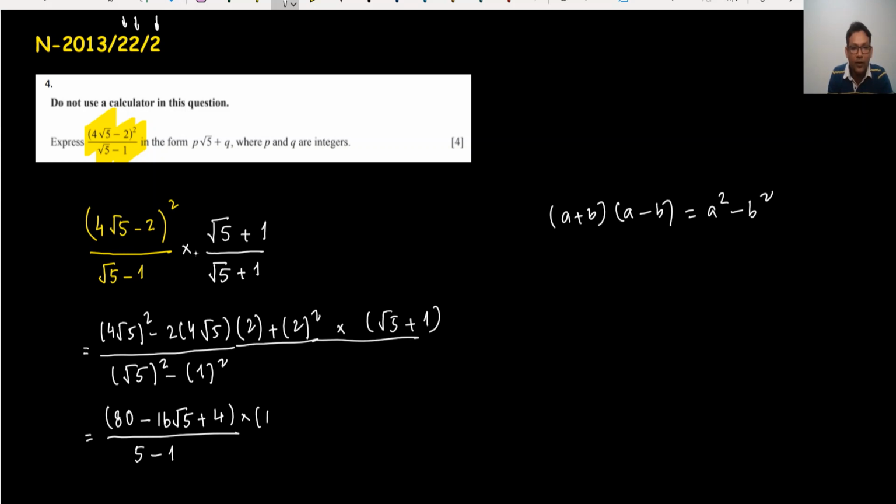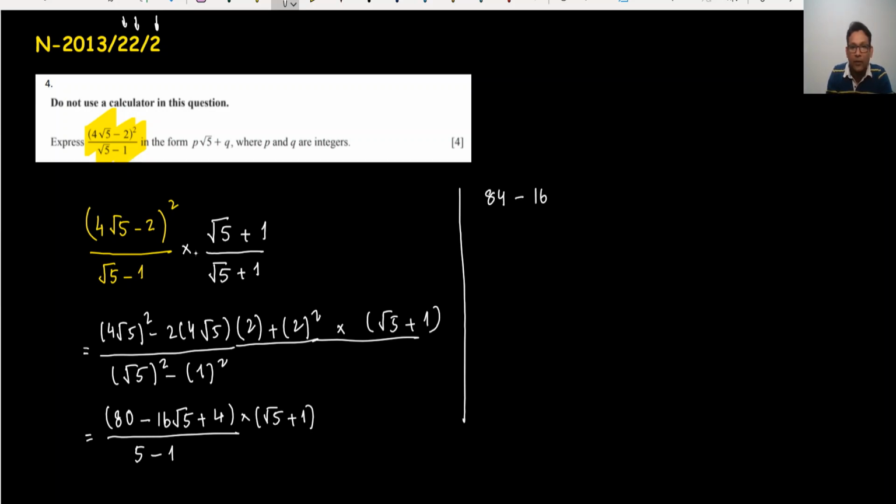It becomes a little lengthy question, and we have to show each and every step. So next is 80 plus 4 is 84. Sorry if I make some mistake, because sometimes I do not check the answer, and because of only one plus or minus I can make a mistake. So this is 4.